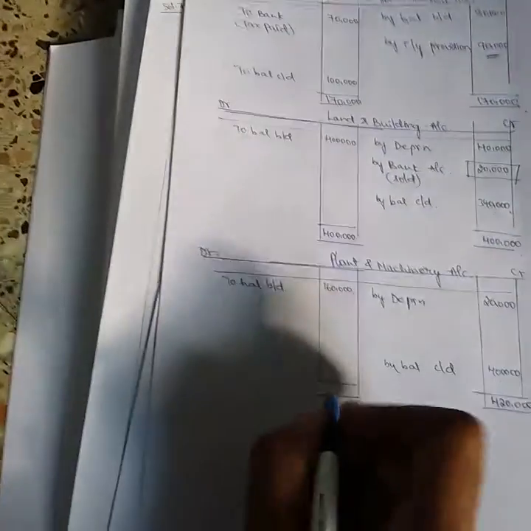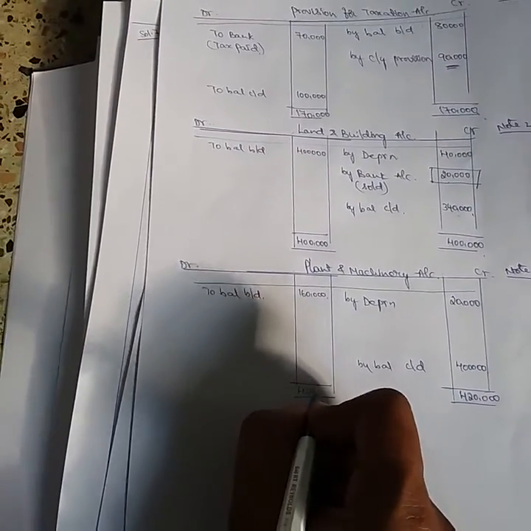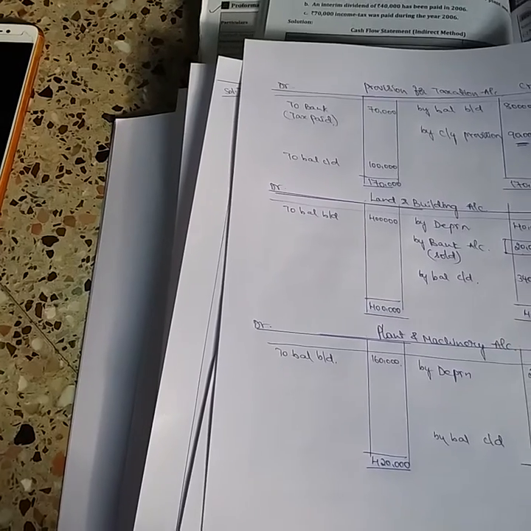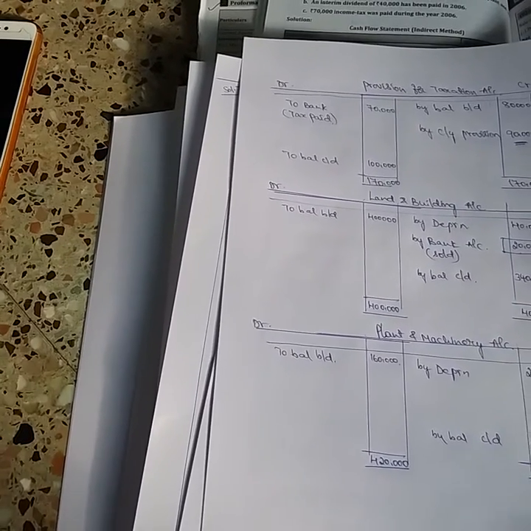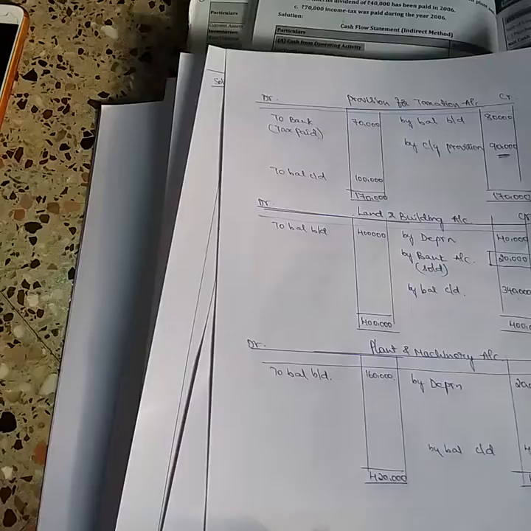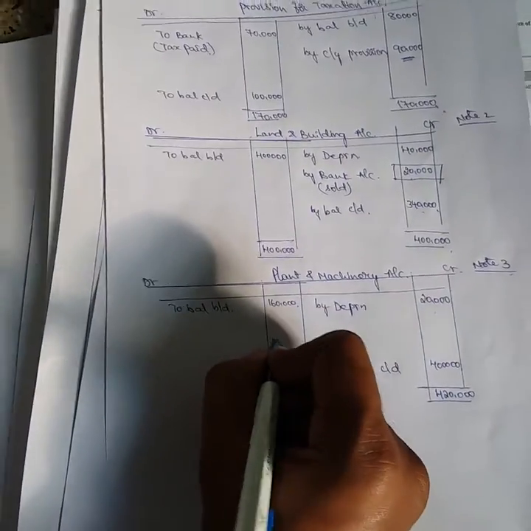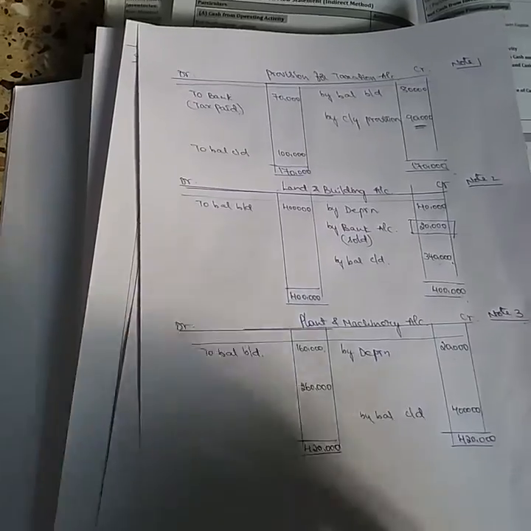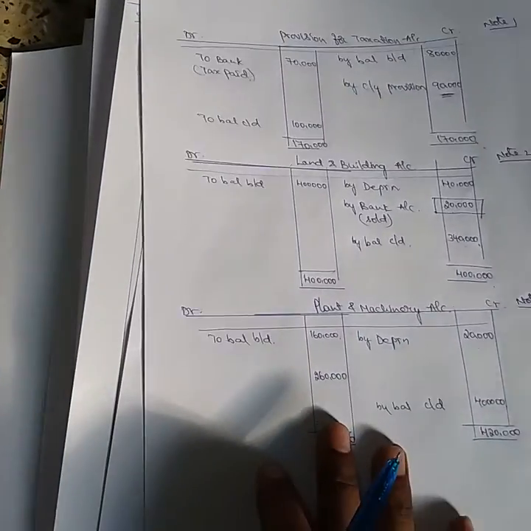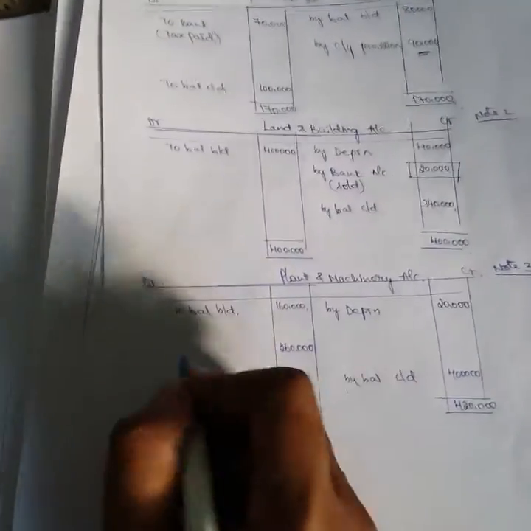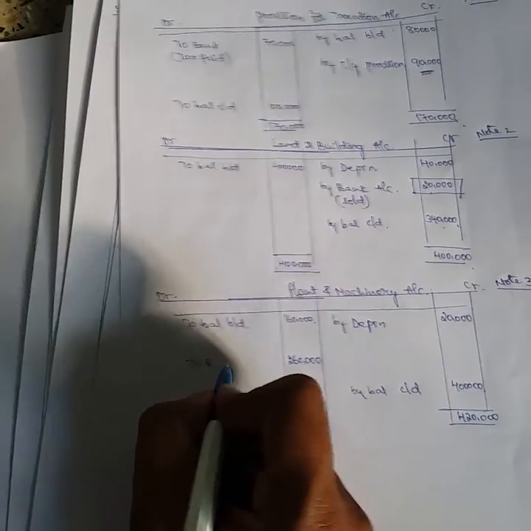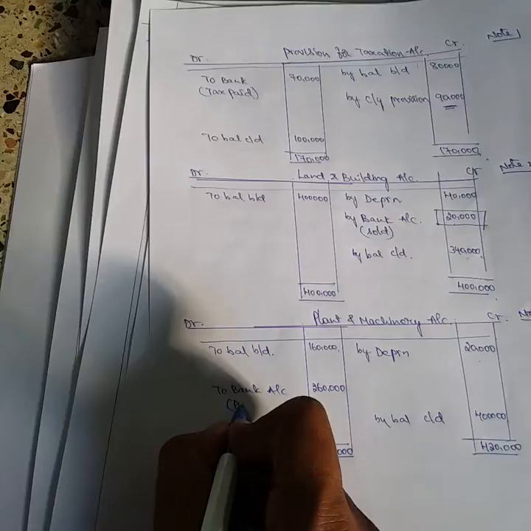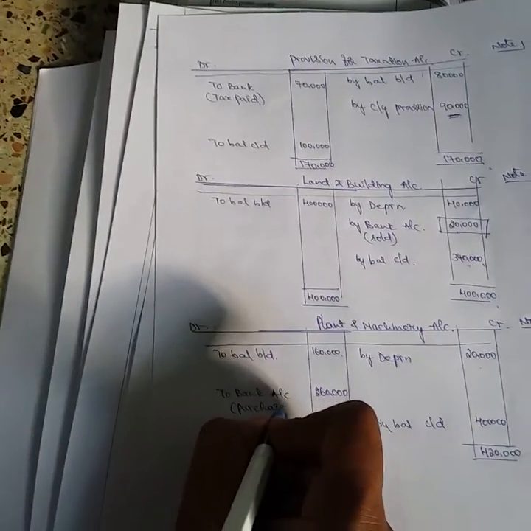Take the same balance on the debit side, 4,20,000. 4,20,000 minus 1,60,000, 2,60,000. So we get a debit side balance here. I mean credit side excess we have. So 2,60,000 worth of asset is purchased through bank. So it is purchase of an asset.